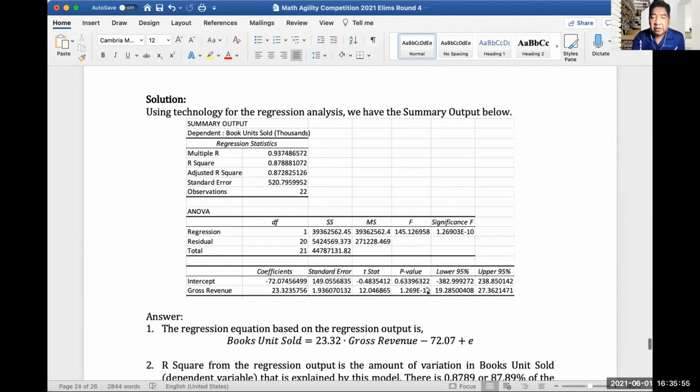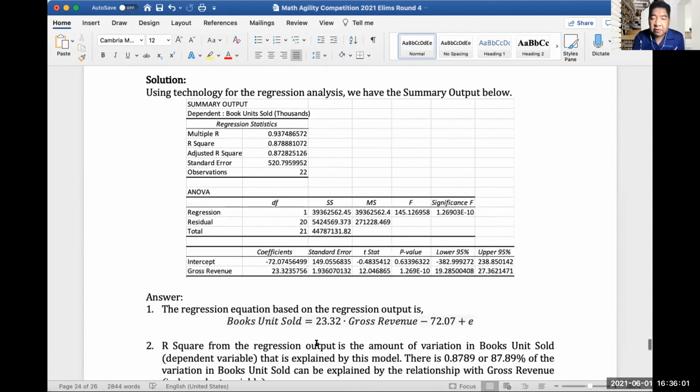So I just copied the regression result from Excel to this. So the regression equation would be books unit sold, that is our y, that is our dependent variable, equals 23.32 gross revenue, that's our x or our independent variable, minus 72.2, that's our intercept here.